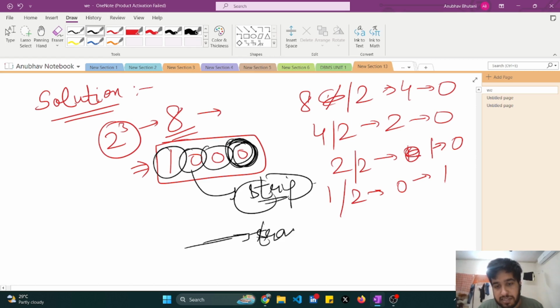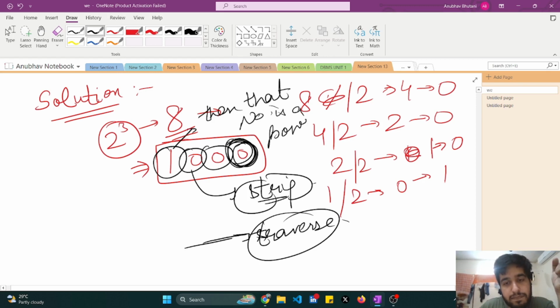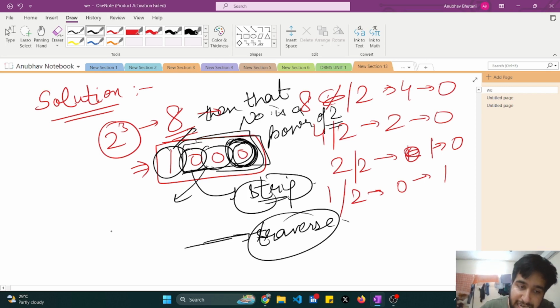When you traverse the string, if you find that the digit 1 is present only one time, then that number is a power of 2, because we just discussed that if all the other digits are 0, then my final answer would contain only 2 raised to power x.